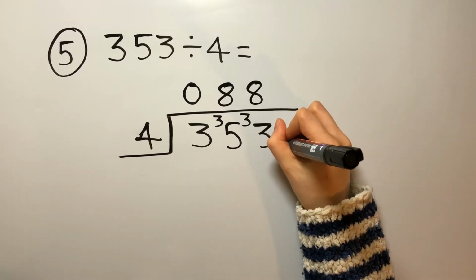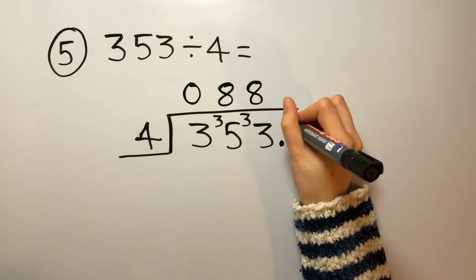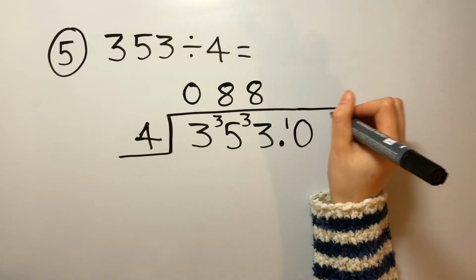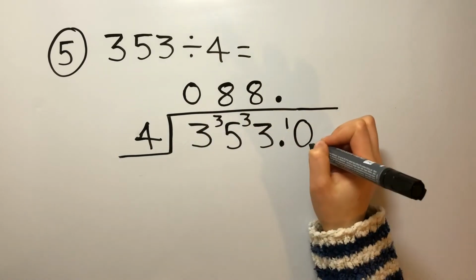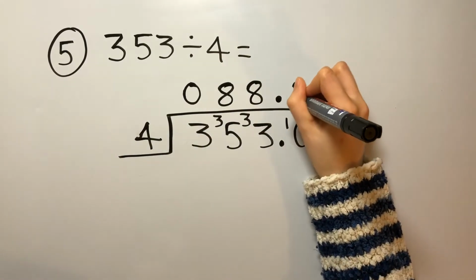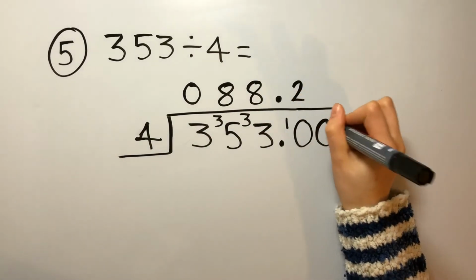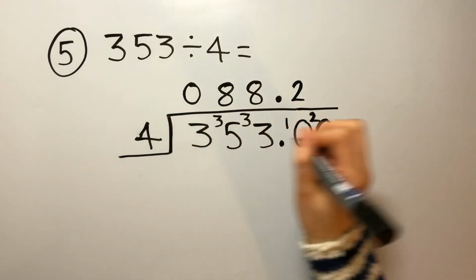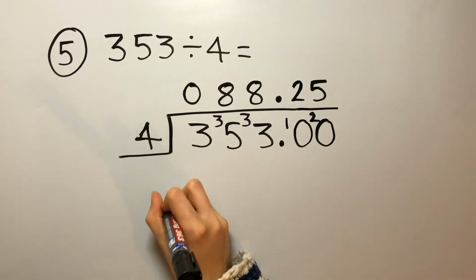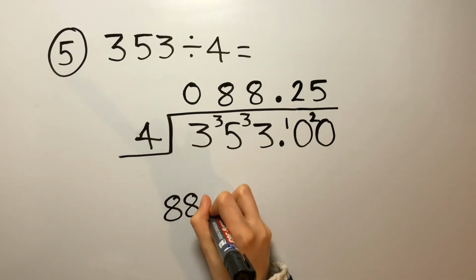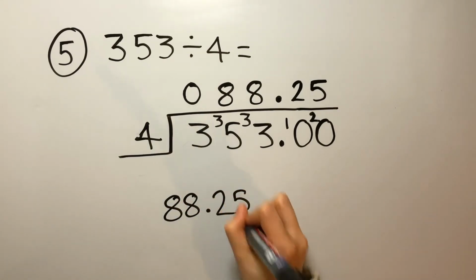Going to put in our decimal place and a 0 with our 1. Remembering our decimal place here. 4 into 10 goes 2 times, remainder 2. 4 into 20 goes 5 times. Our answer is 88.25.